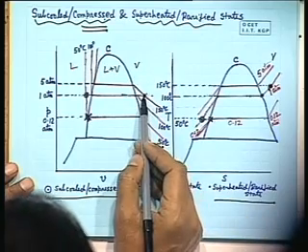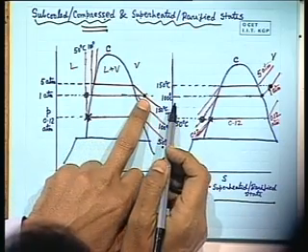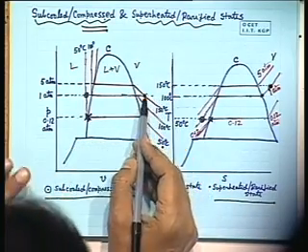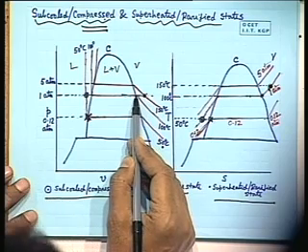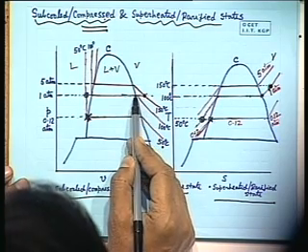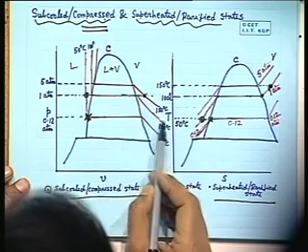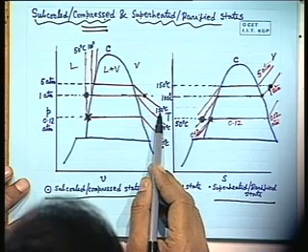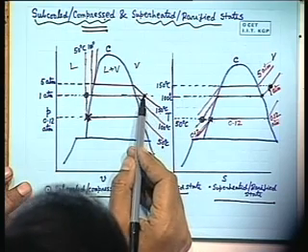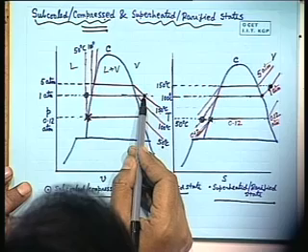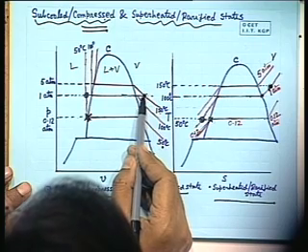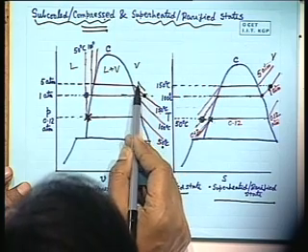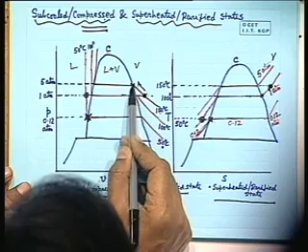Why? Because if I have to condense this point, what do I have to do? I have to move in this direction, at the same temperature of 150 degrees Celsius, so that it becomes saturated here.